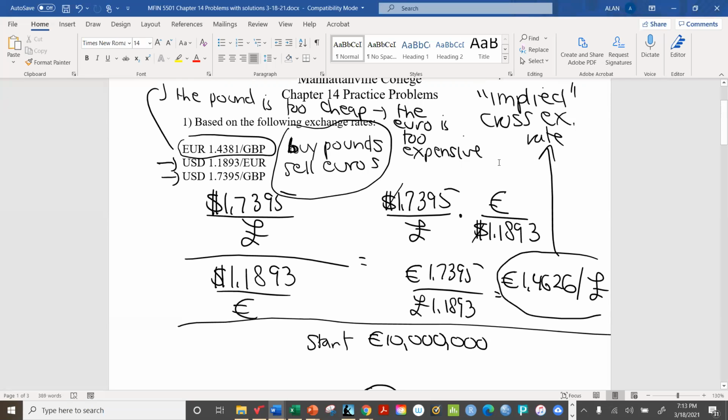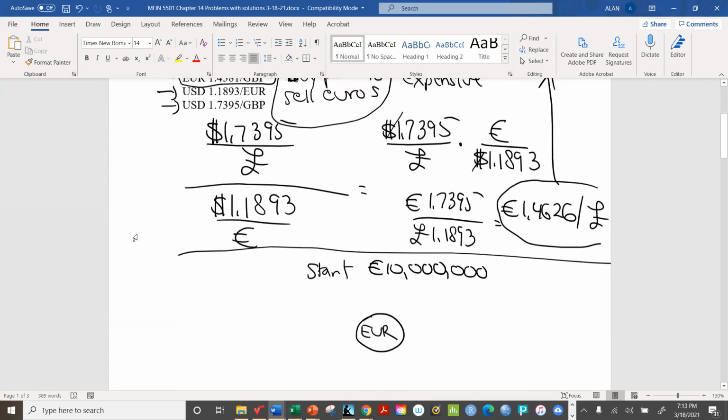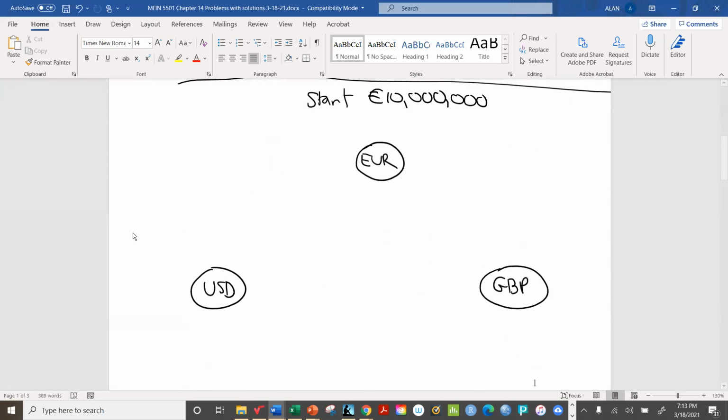So since we're starting with euros, that makes it very simple, because what we want to do now is sell the euros that we started out with in exchange for pounds. So that means we're going this direction. Okay, so when we go down in this direction, we're selling euros and we're buying pounds. And that's exactly what we were aiming for.